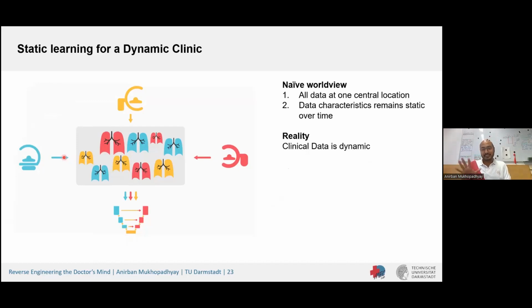The only problem is that's not the case, simply because of patient privacy reasons, it's really difficult to store all the data in one central location. And even if you store all data in a central location, data distribution shifts, data characteristics drift, and that means the results that you are getting today might not reflect what you will get one year down the line.